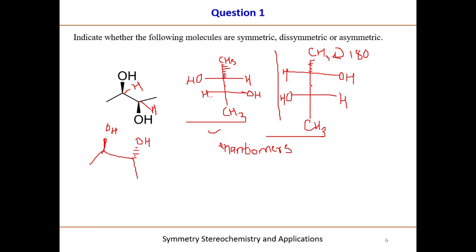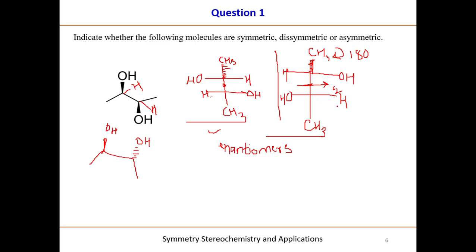But if we pass an axis from here, imagine it is coming from below the plane towards us, and the molecule is on the plane of the paper. If we rotate this by 180 degrees, that is a C2 axis. If you pass the C2 axis, we get an indistinguishable image of this molecule.